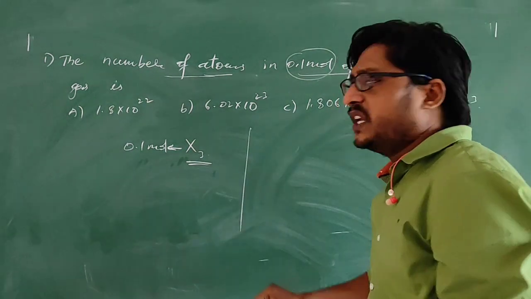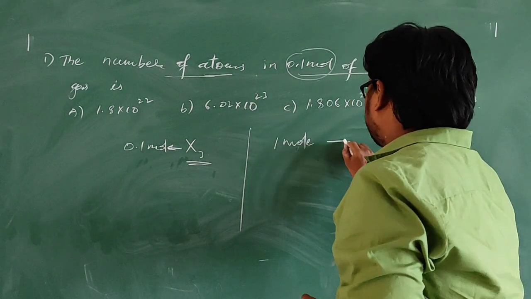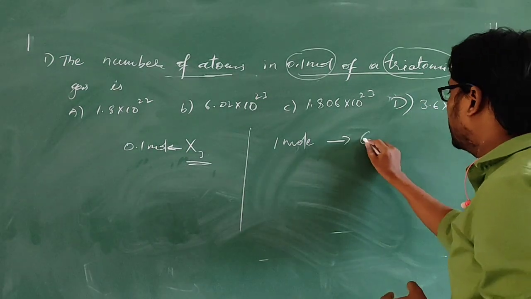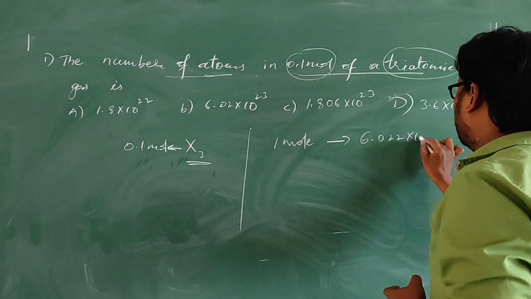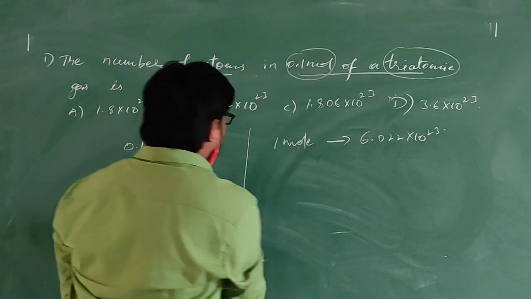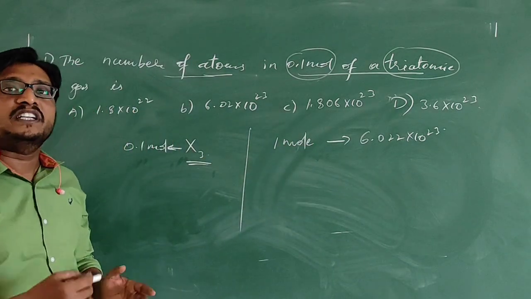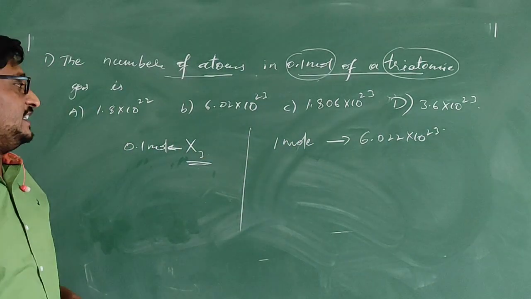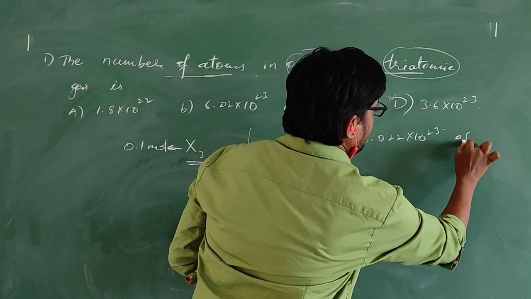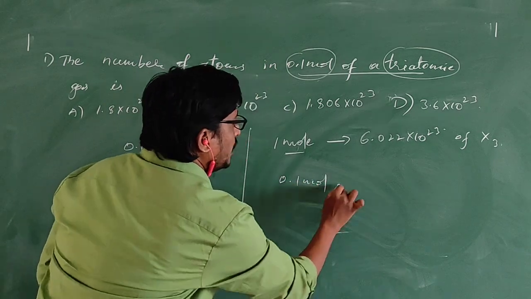We know one simple thing. 1 mole of any gas contains Avogadro number of particles, nothing but 6.022 into 10 to the power 23. So 1 mole of X3 represents 6.022 into 10 to the power 23 molecules of X3. If 1 mole contains these many molecules of X3, then 0.1 mole will contain how many?